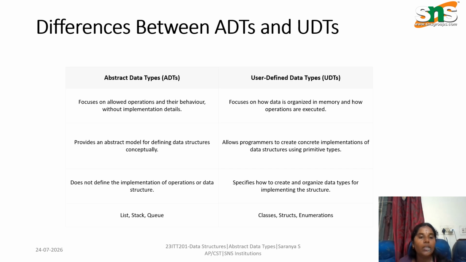An ADT does not define the implementation of operations, and a UDT specifies how to create and organize the data types for implementing the structures. Finally, ADTs are like list, stack, and queue, and UDTs are like classes, structures, and enumerations. Thank you.